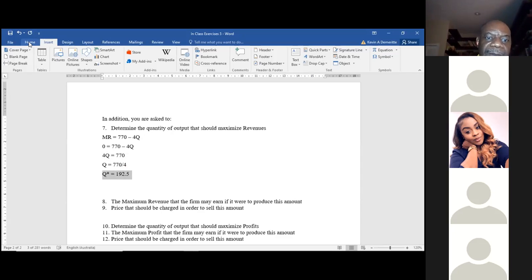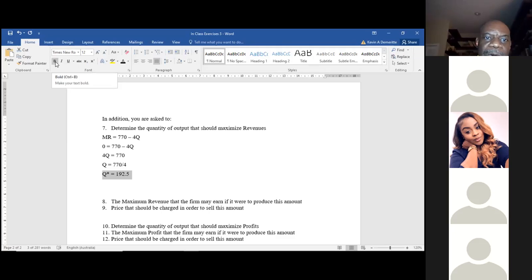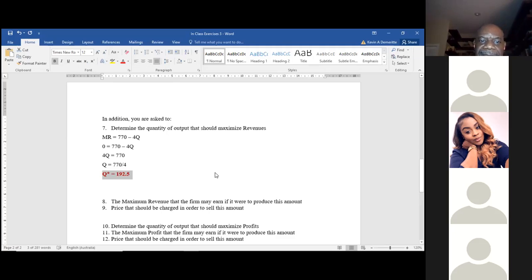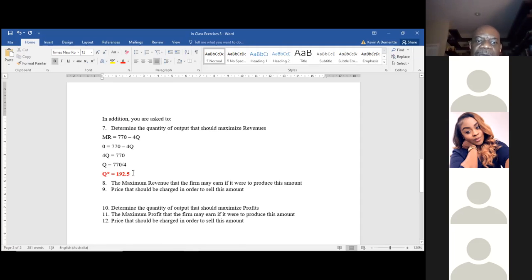Let's bold that, and we want that to be red because all our answers are red. Boom. So now we found out that if we were to produce and sell 192.5 units, we will maximize our revenues. Make sense?